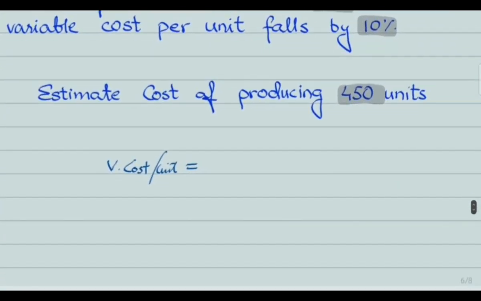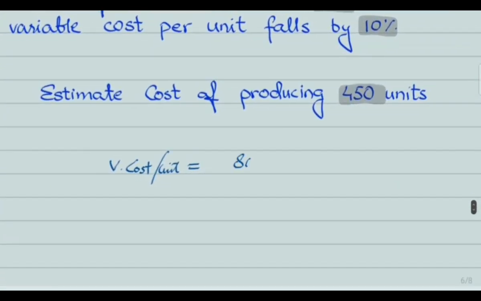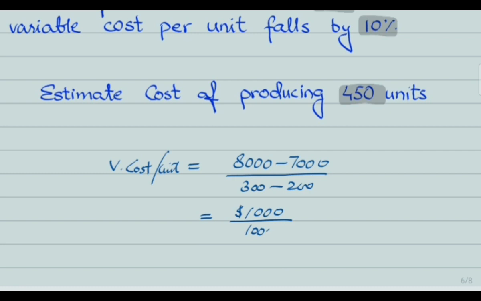The costs are respectively 8,000 and 7,000, and the activity level is 300 minus 200. So it will be $1,000 divided by 100 units of activity level. Variable cost per unit would be $10.